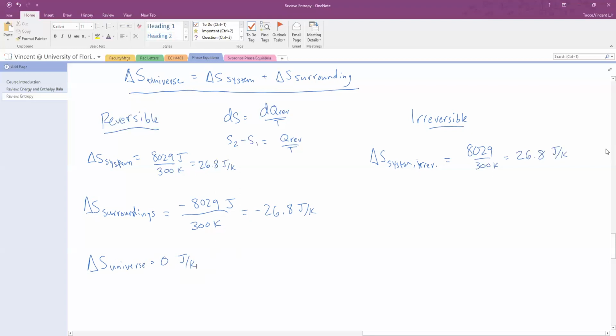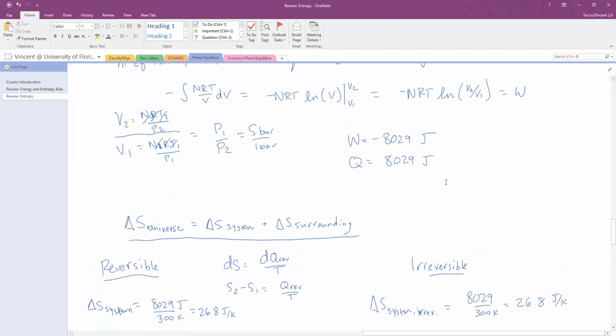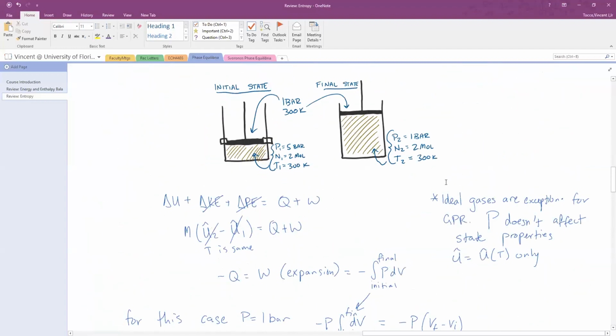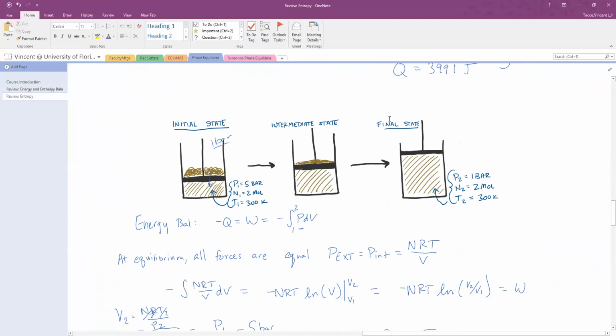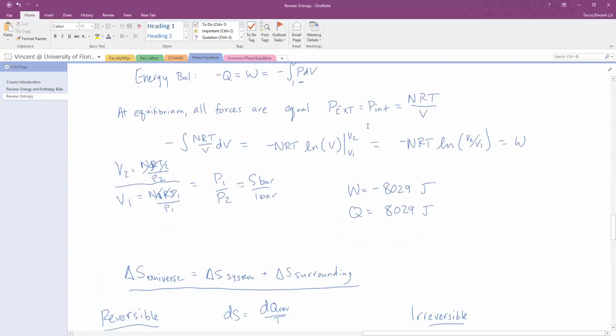For the irreversible process, how is it different? For an irreversible process, remember my Q in this case was not 8,029, but rather, where's my answer here? Rather, it was 3,991 joules. So that's the amount of energy that is being added to the system.